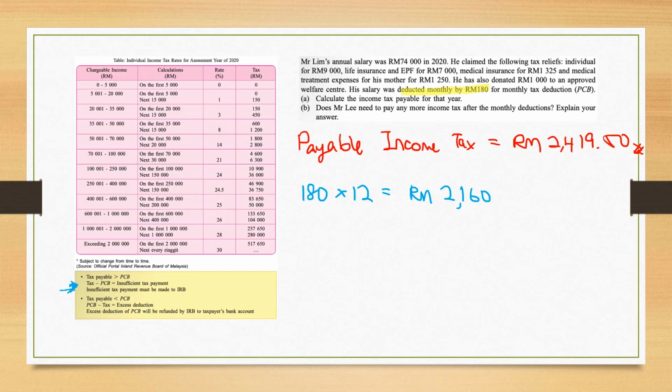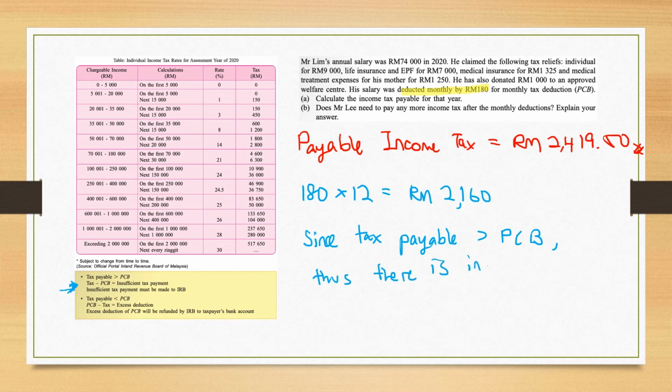Since tax payable is greater than your PCB amount, there is insufficient tax payment.